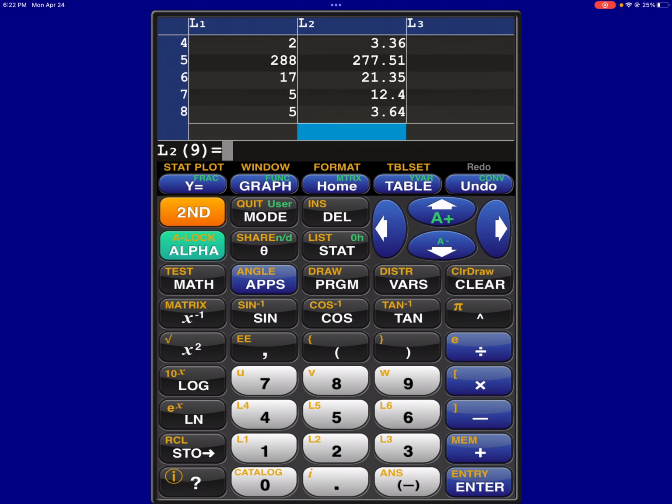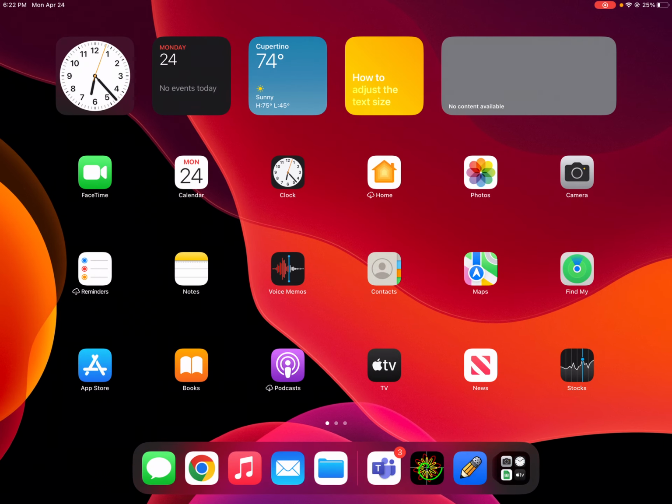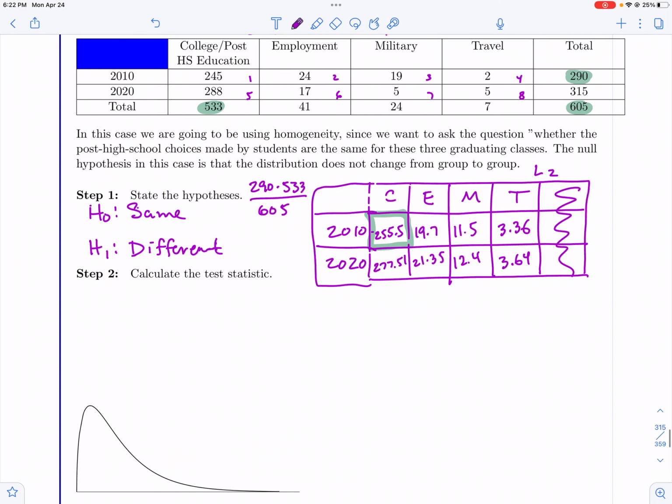All right. So now that we've got everything typed in, we're ready to calculate our test statistic. So again, our chi-squared sub t is just going to be the sum of L1 minus L2 squared all over L2. So let's type that in the calculator and see what we get.